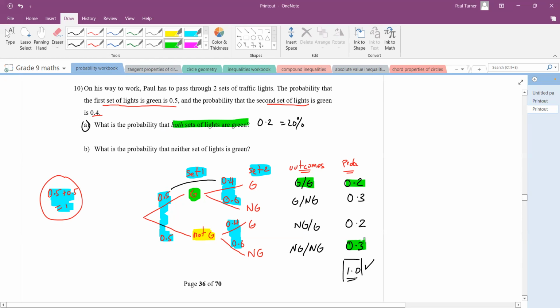Not green, not green. So that's going to be more likely than having them both green. So that's going to be 0.3, which is 30%. Okay, they could be converted to percentages. So you've got 20%, 30%, because they're nice numbers.